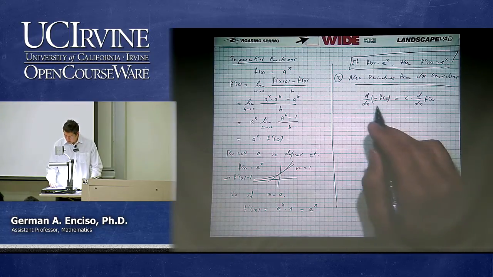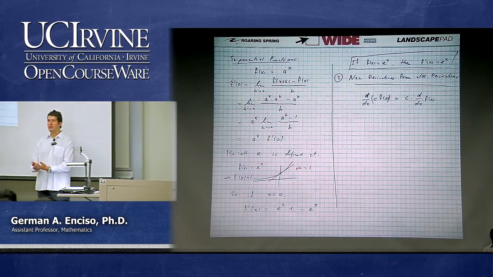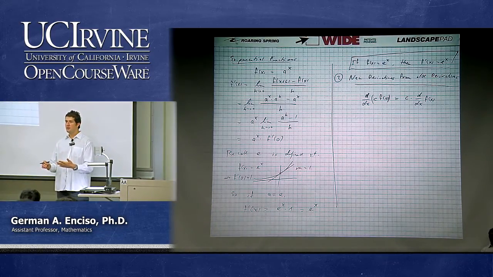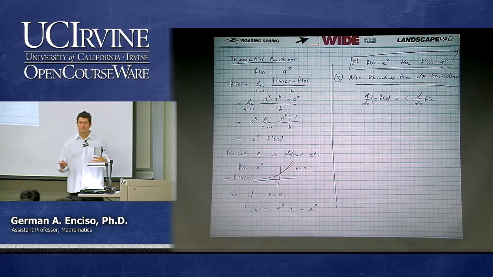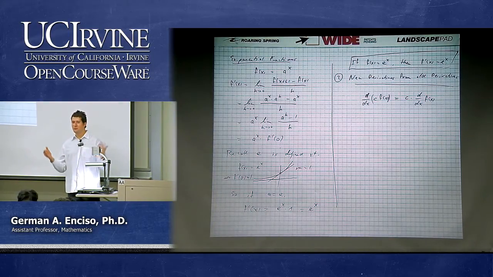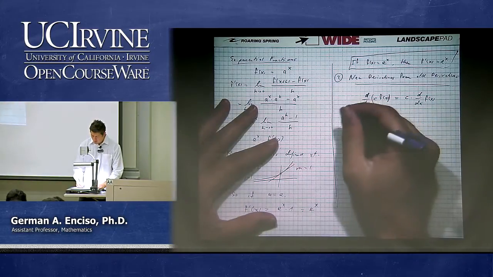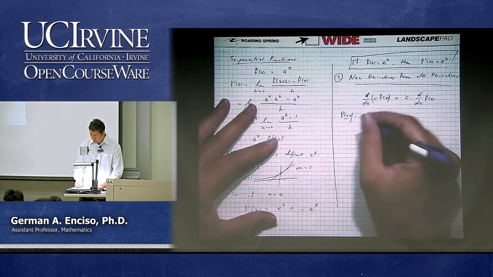Okay? So in words, what this means is that if you multiply a function by a constant, say by 5, then the derivative of that function is just equal to 5 times the old derivative. Right? If you multiply a function by 5, the derivative gets multiplied by 5 too, basically. Okay? So we can actually prove this just to see what kind of proofs this looks like.